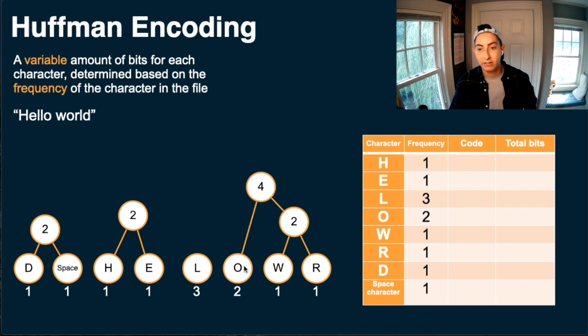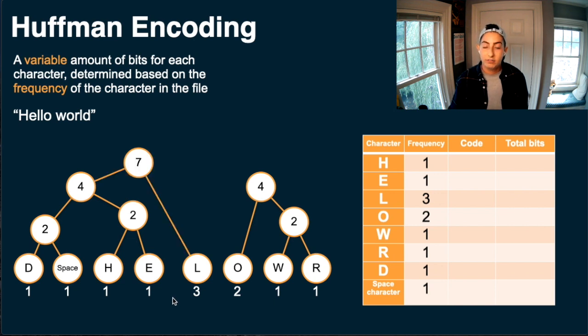So I'm going to join this 2 and this 2 and add them together, and we get 4. Again, there are two lowest frequencies now, still 2 and 2, so let's do it again. We have a 4 right here. Then our next lowest is a 3 and a 4, so we join those together and we get a 7. And finally, the only two we have left are 7 and 4, so we join them together and we get 11.